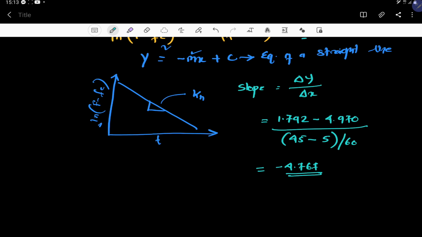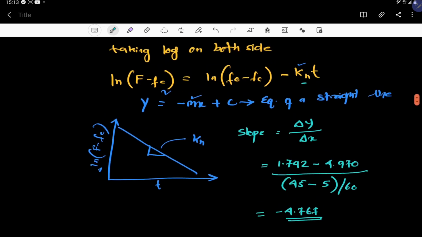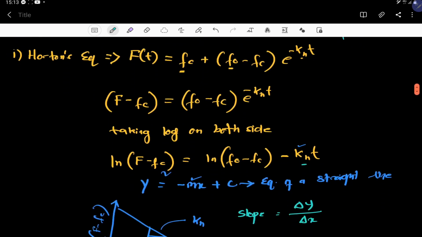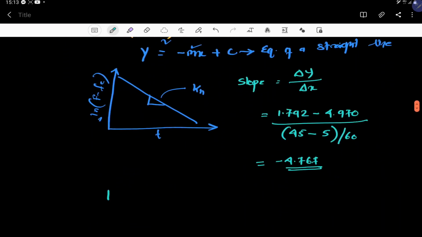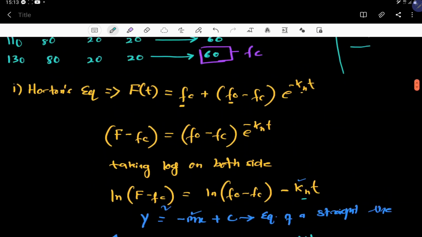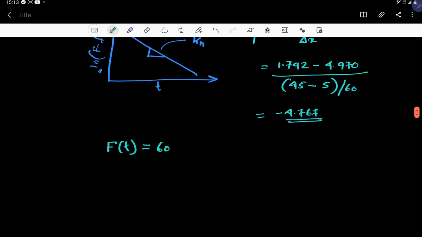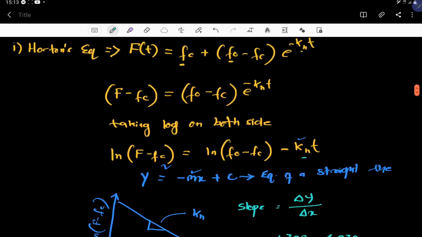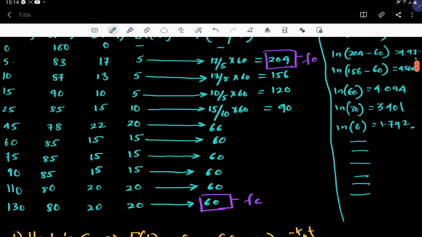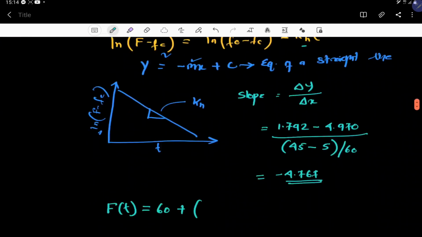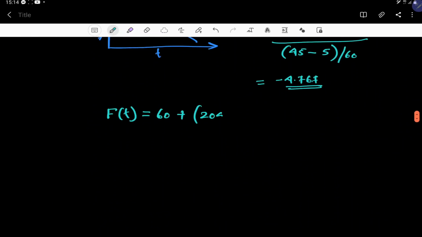So our main Horton's equation is going to be f of t equal to fc, which is 60, plus f naught minus fc, so f naught is 204 minus 60, times e raised to the power of minus 4.767 times t.